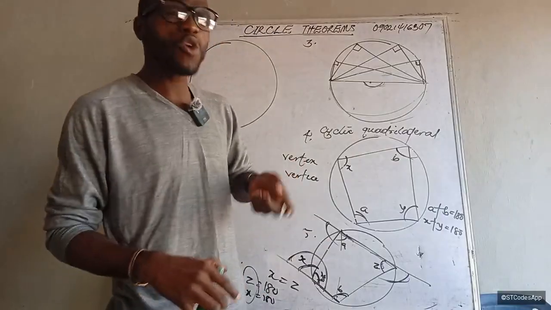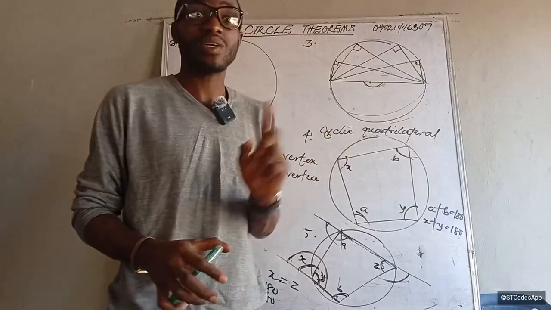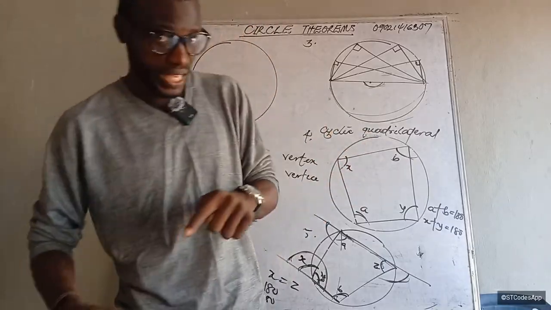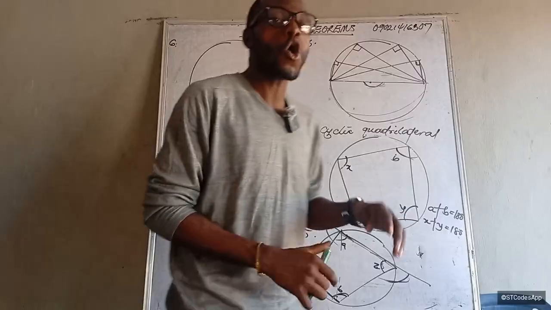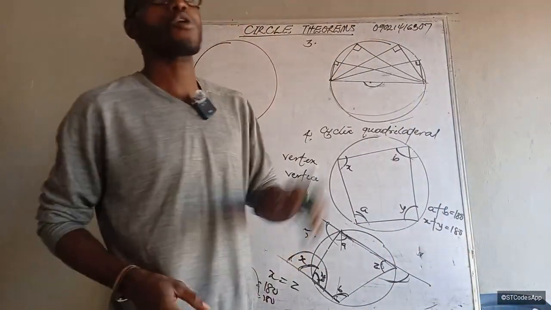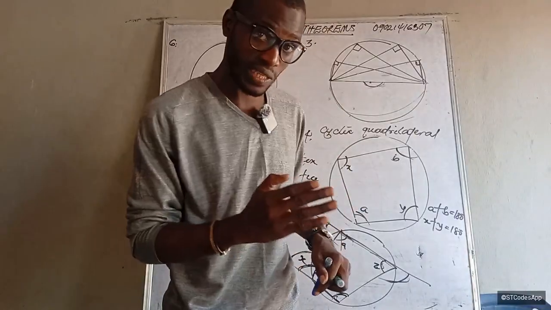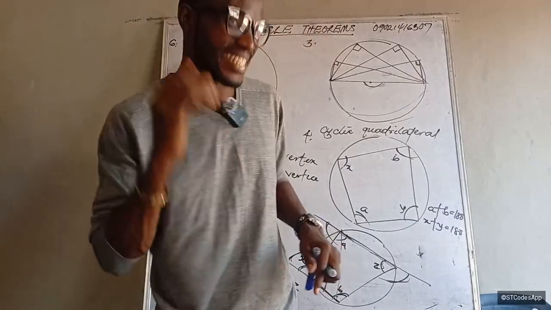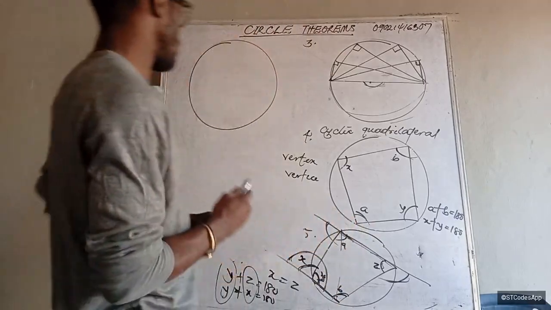I want to restate it in another way: a radius always bisects a tangent at a point on the circumference perpendicularly. Exactly. It bisects it perpendicularly.